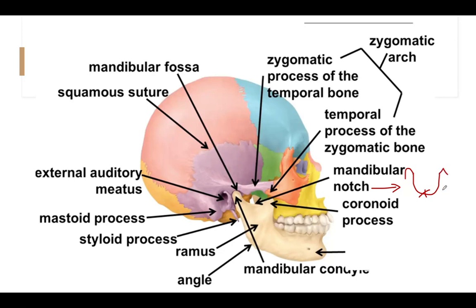It is rounded, but it's not as much of a protuberance. It's actually flat. You could draw it out, and this is where your teeth would be. I'm obviously an artist. This is great.